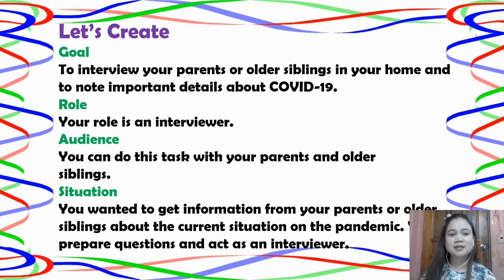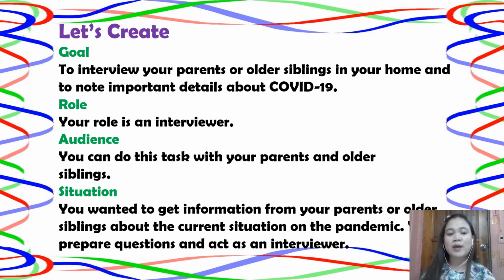For our last activity, your goal is to interview your parents or older siblings in your home and to note important details about COVID-19. You read your role, your audience, and the situation: you wanted to get information from your parents or older siblings about the current situation on the pandemic.